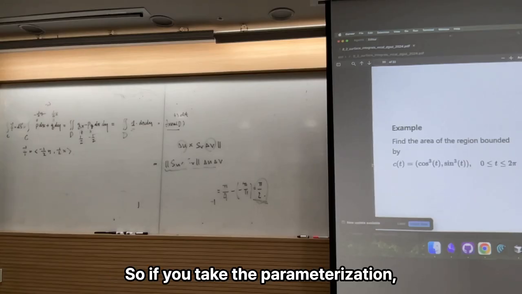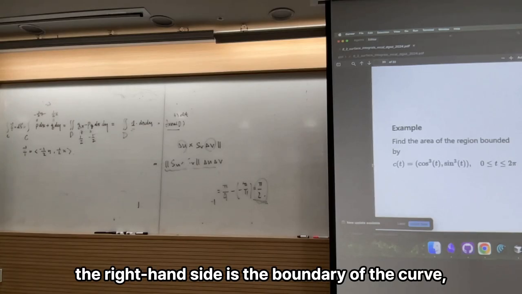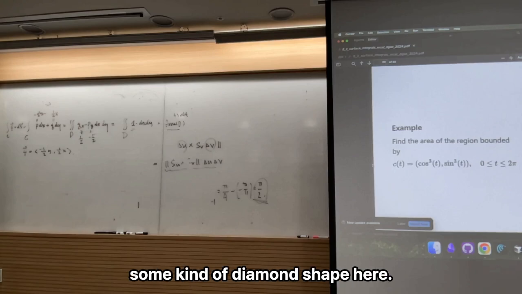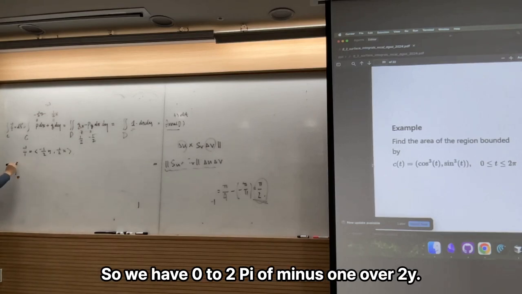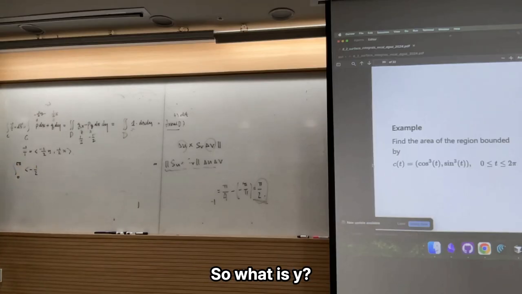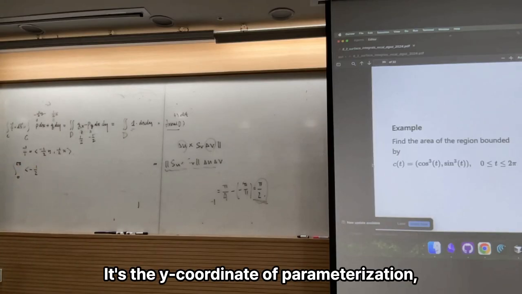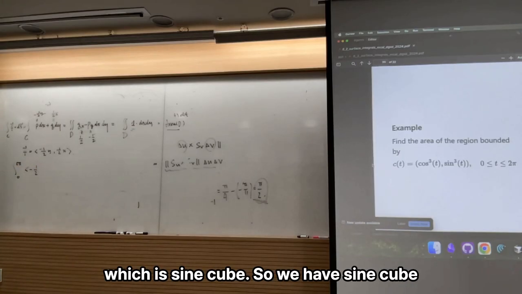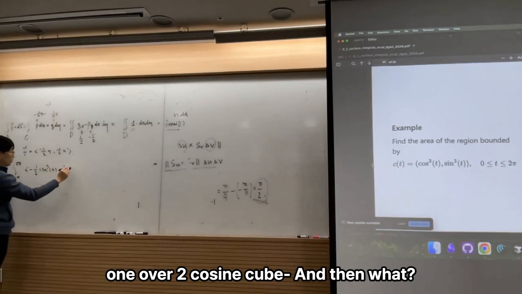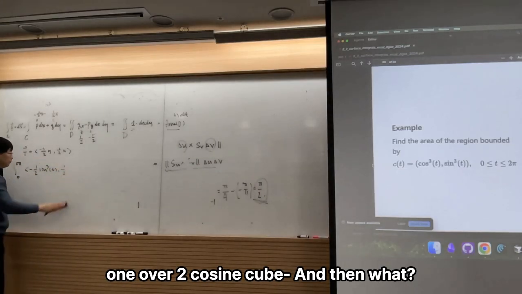Taking that parameterization, the boundary of that region is some kind of diamond shape here. So we have 0 to 2 pi of minus 1 over 2 y. What is y? It's the y coordinate of the parameterization, which is sine cubed. So we have sine cubed, and 1 over 2 cosine cubed.